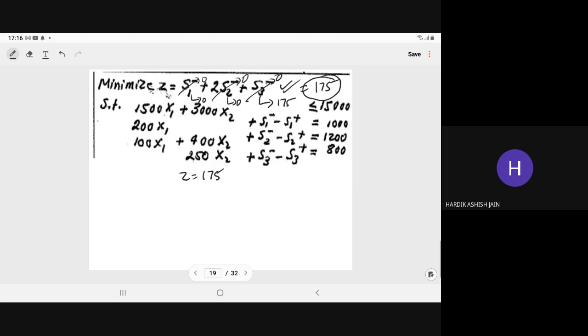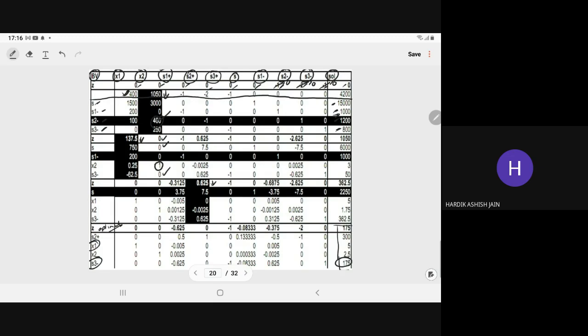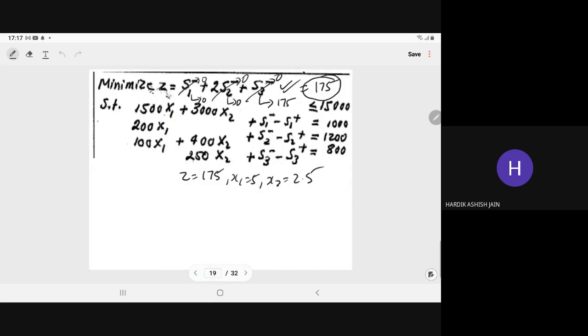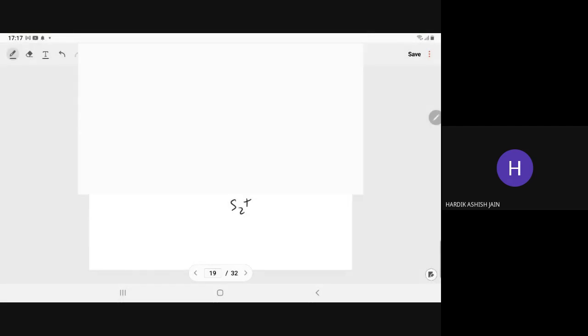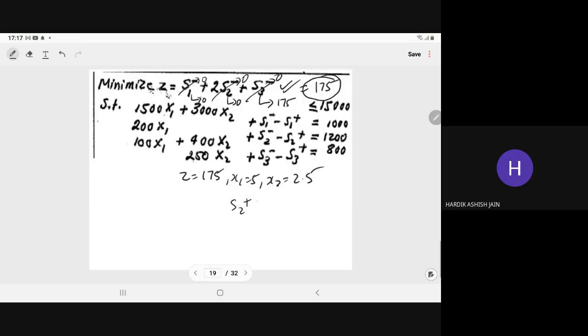Then the value of x1 is 5, x2 is 2.5, and s2 plus is equal to 300.